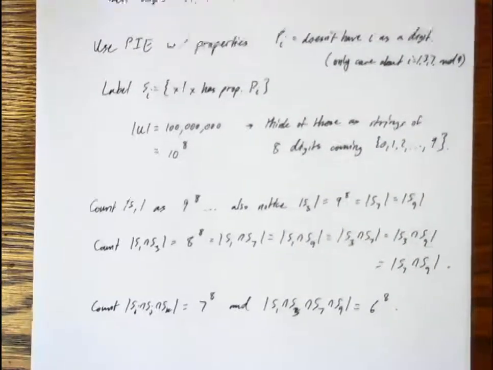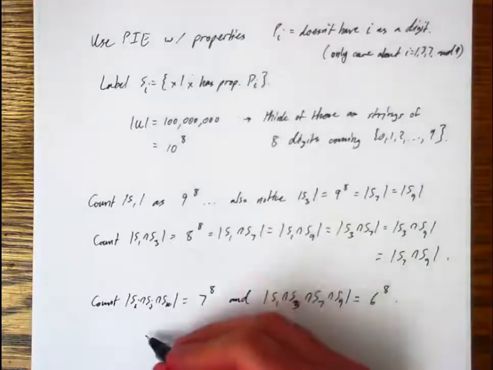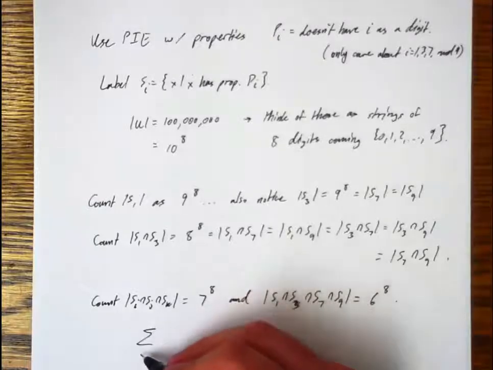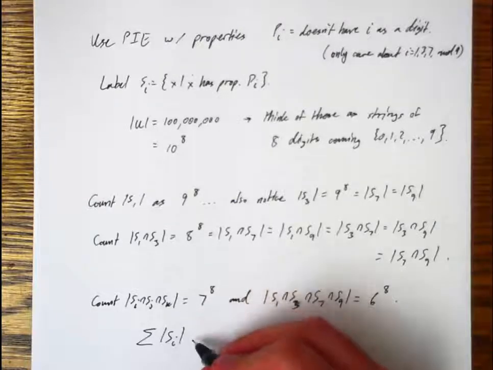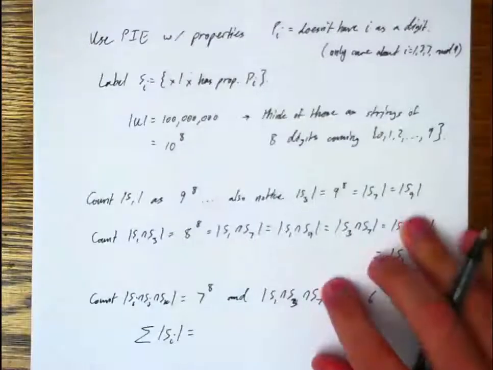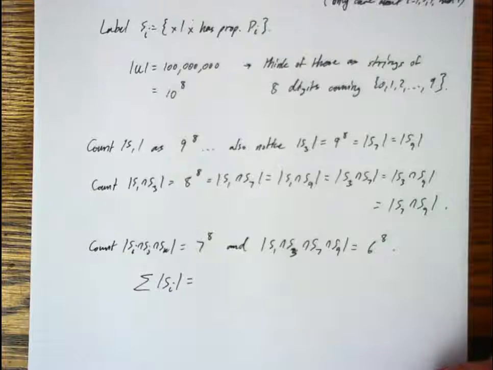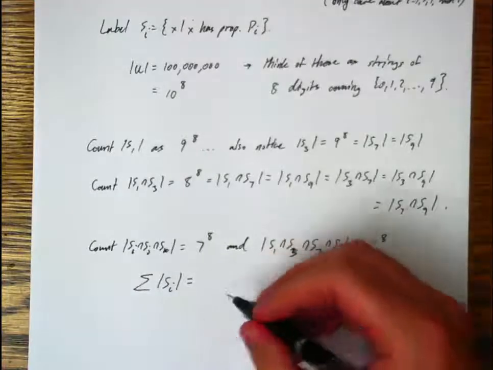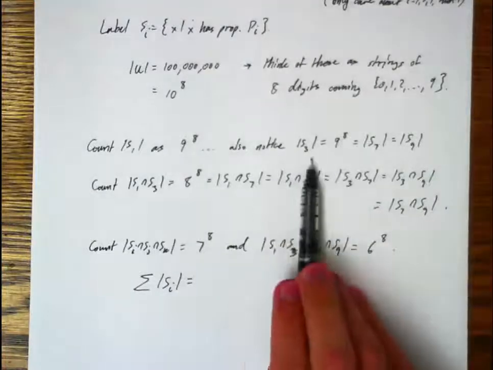Now, if I'm going to use the principle of inclusion and exclusion, I need to know what these sums look like. The singleton sets here, let me move the computer around. The singleton sets are all counted the same way, and I ask myself, how many different sets were there?